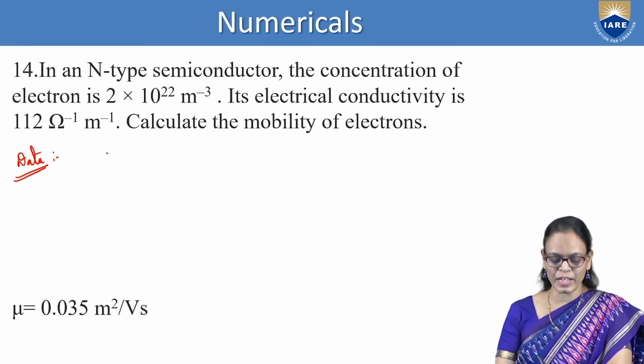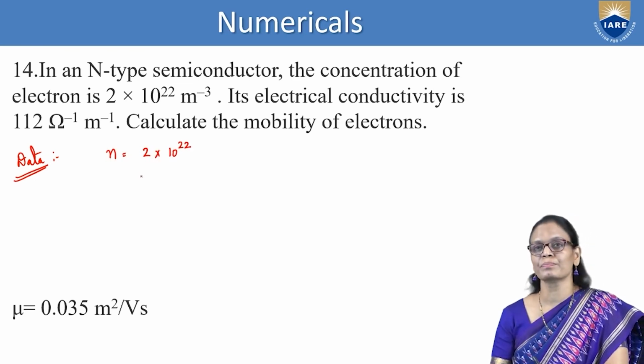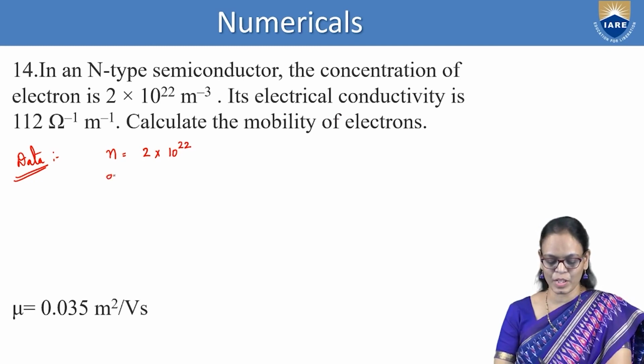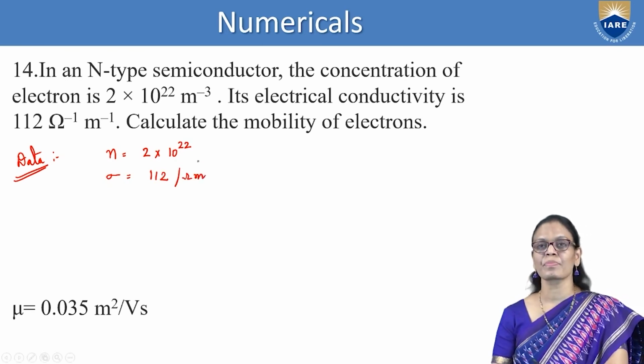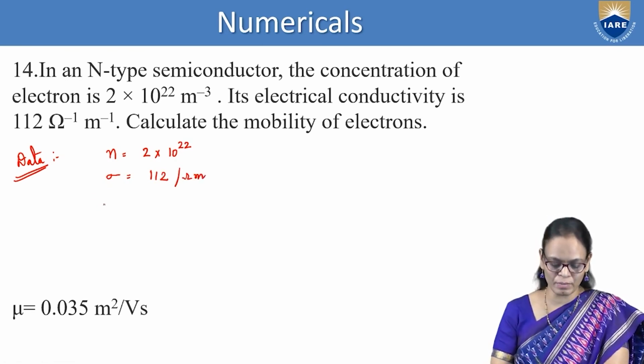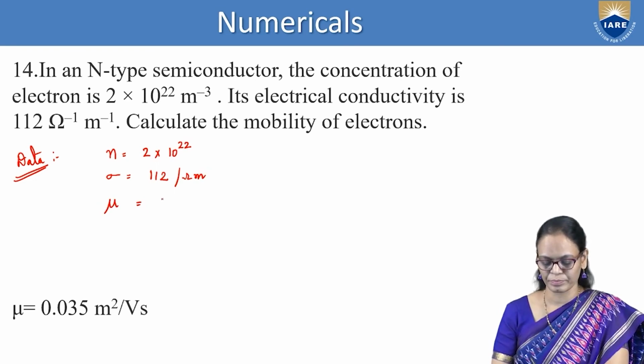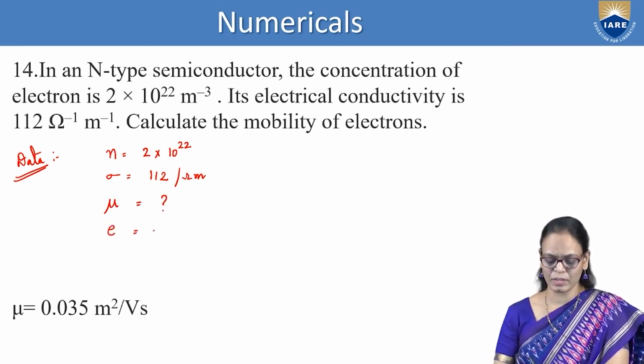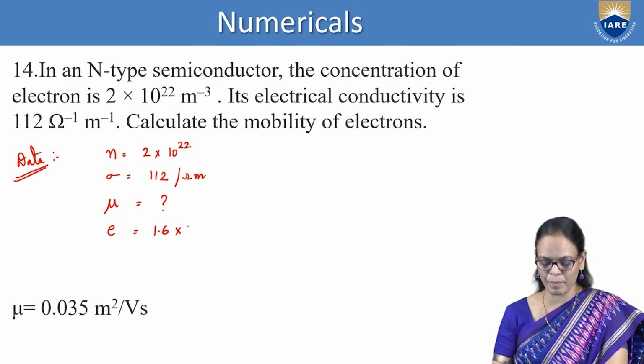The concentration N is equal to 2 into 10 power 22 and the electrical conductivity sigma is 112 per ohm meter. You need to calculate the mobility mu. The value of e is a constant, 1.6 into 10 power minus 19 coulomb.